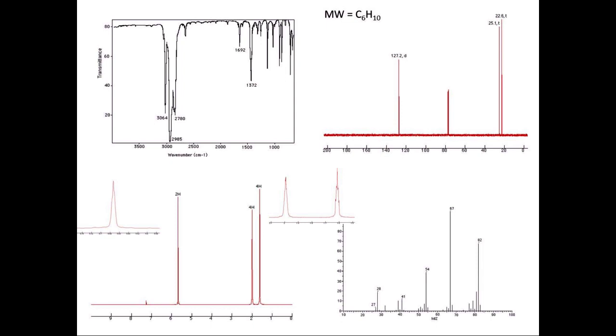Okay. Next thing I like to do is go look at my proton NMR. When I look at proton NMR, what I see here are 3 unique types of hydrogen. And these here in particular stand out to me.